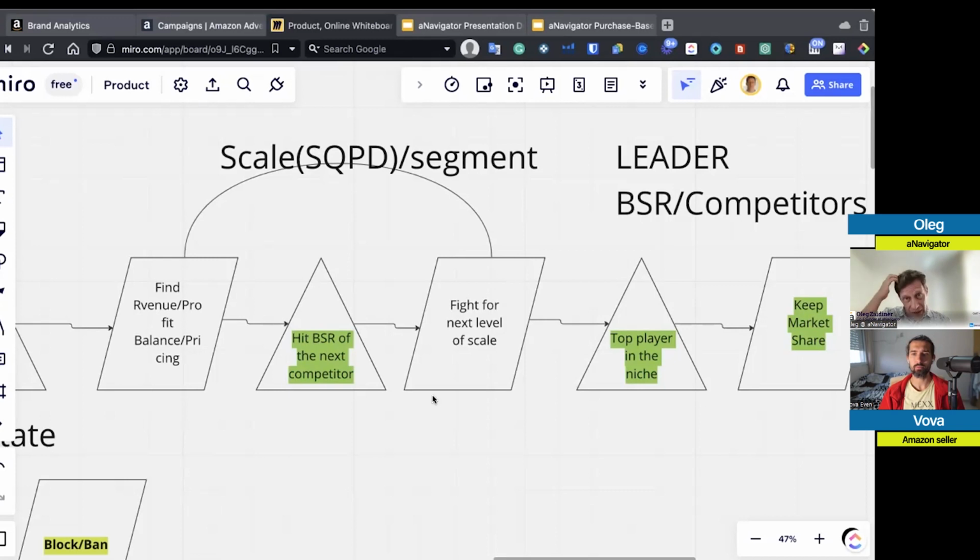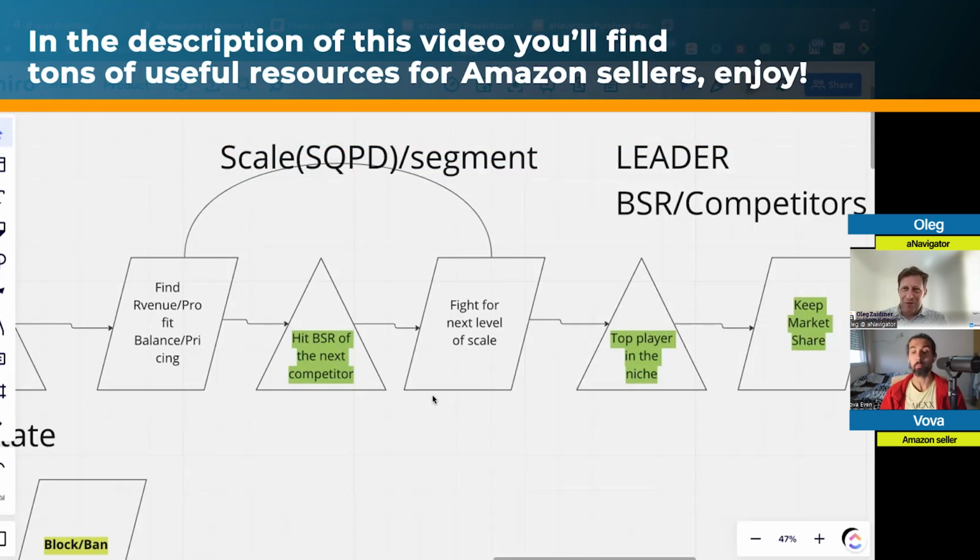Okay, so stage number 4 is all about getting this ladder to the next level. Usually, okay, this is a competitor that's doing a little bit more, let's fight him. Okay, the next one. Sometimes there's a huge gap in reviews, like we have 2,000 reviews and the next level has 25,000 reviews, right?